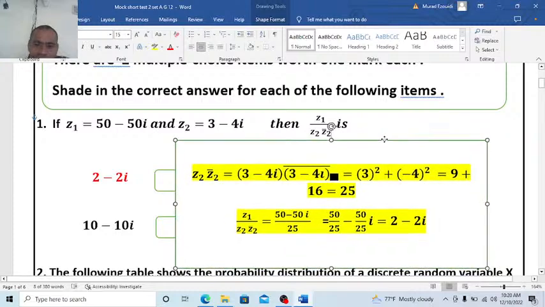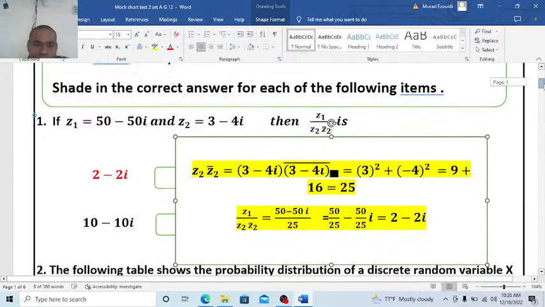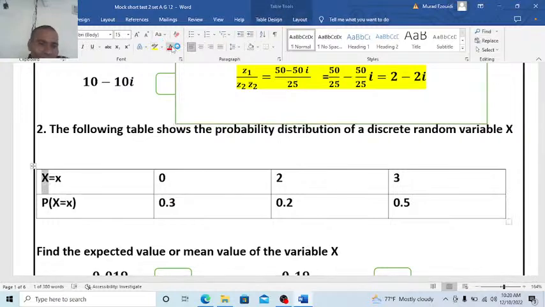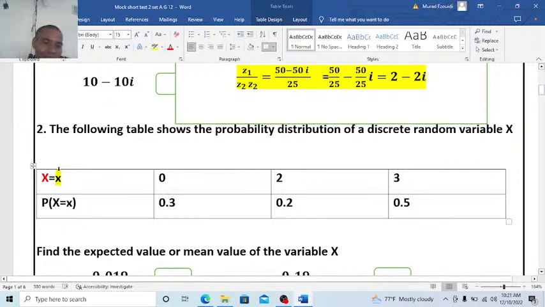Now, learners, we move to the second question, which deals with probability distribution. The following table shows the probability distribution of a discrete random variable X. Capital X denotes the discrete random variable, and the small x represents the particular value that the discrete random variable X can take.